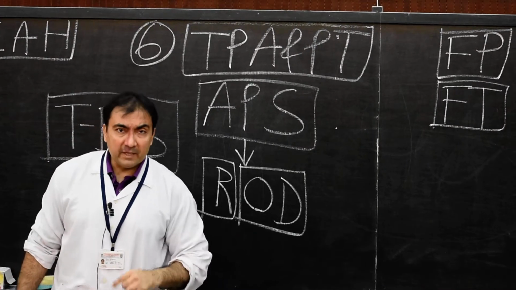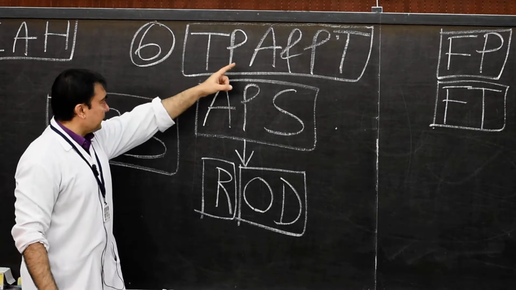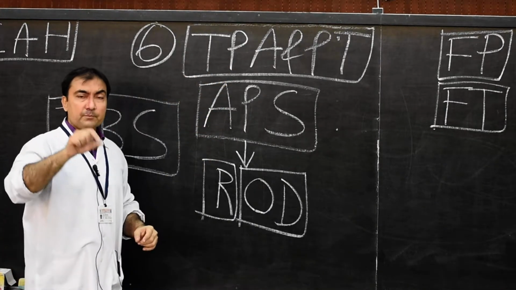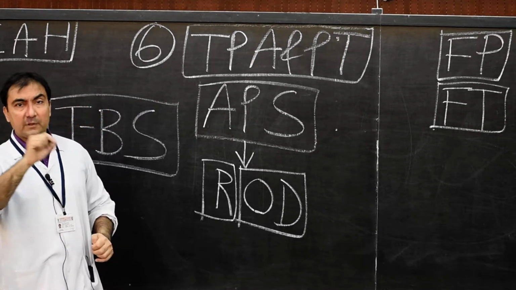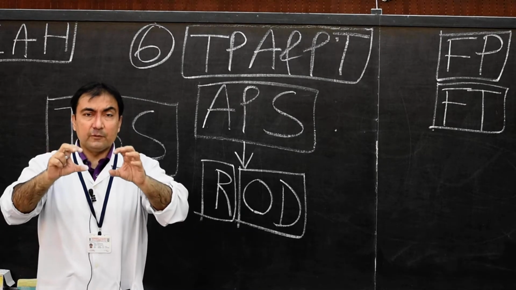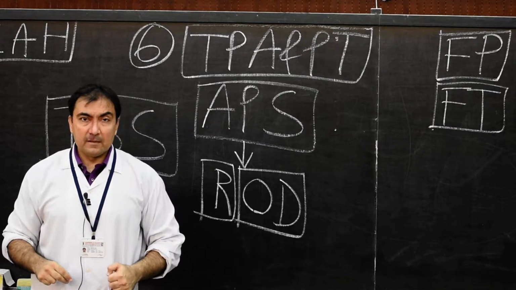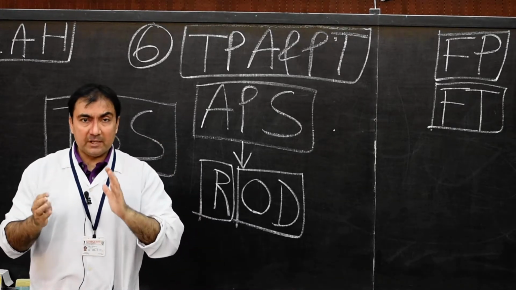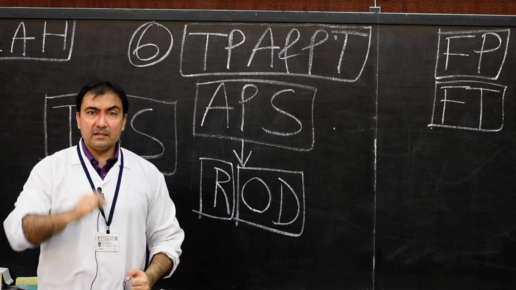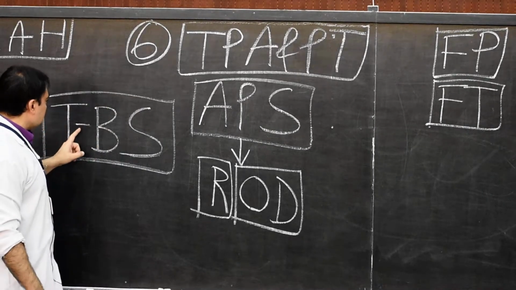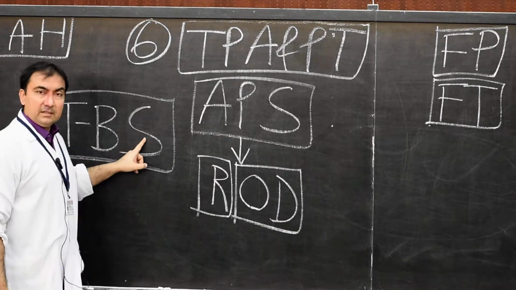This is the syndrome where there is transposition of aorta and pulmonary trunk, along with patent interventricular foramen, in which there is an interventricular septal defect. So the combination of transposition of aorta and pulmonary trunk and patent interventricular foramen will lead to the syndrome which is known as Taussig-Bing syndrome.